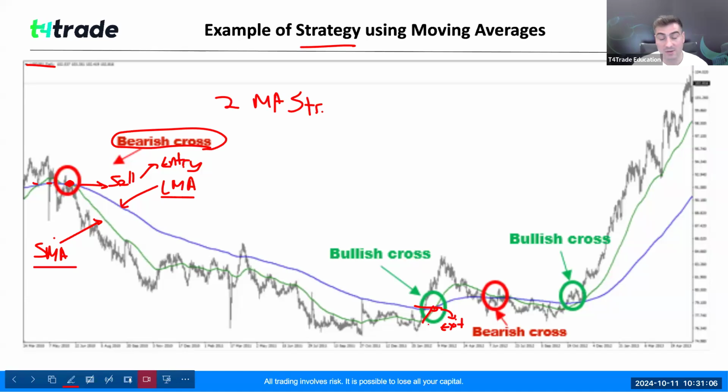Or on the flip side, whenever you see the short-term moving average crossing above the long-term moving average, you have what we call the bullish cross. This generates a buy signal, or in other words, the golden cross. These are just terminologies that technical analysts or traders use to communicate with each other. So this is the one, this is the other one.